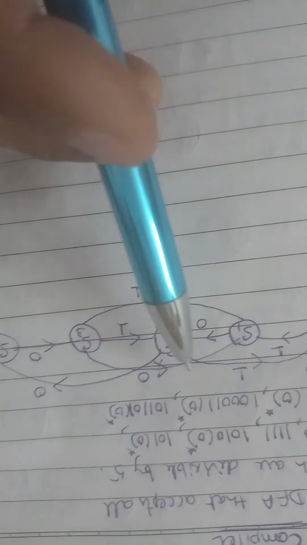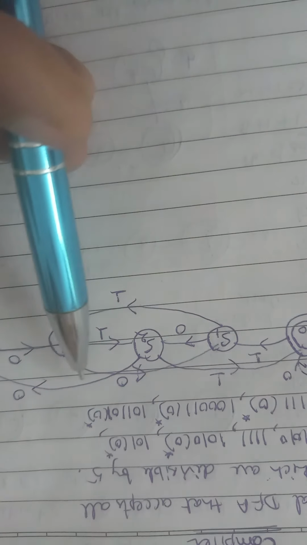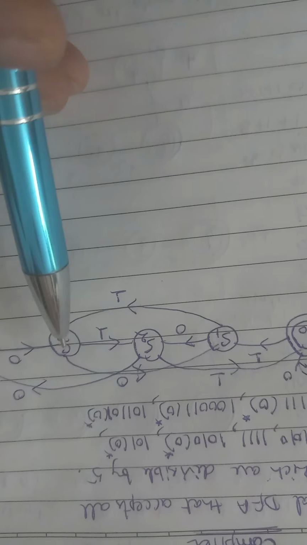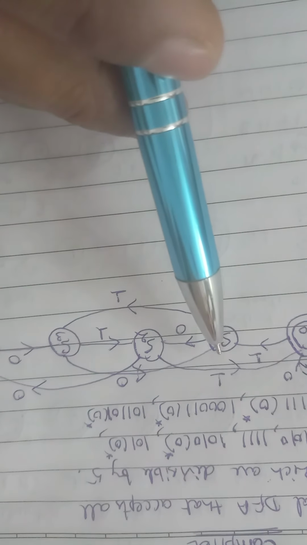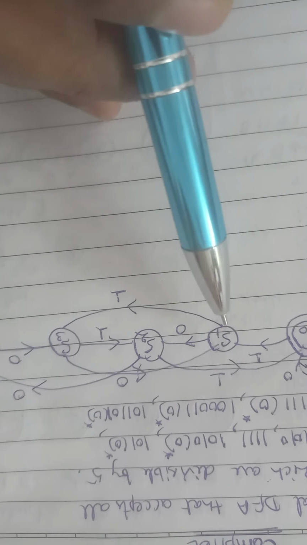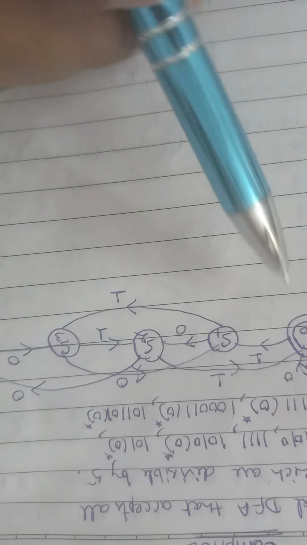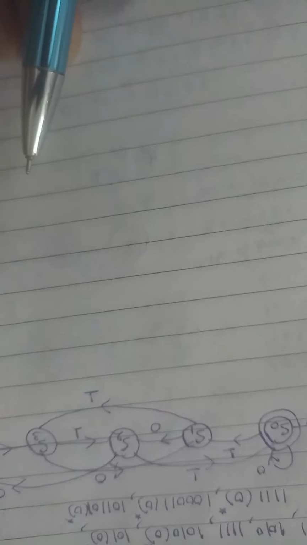So now we can cross-check whether we have this one or not. 1 0 0 0 0 and 1 1 0. So now we are having all the strings that we have.